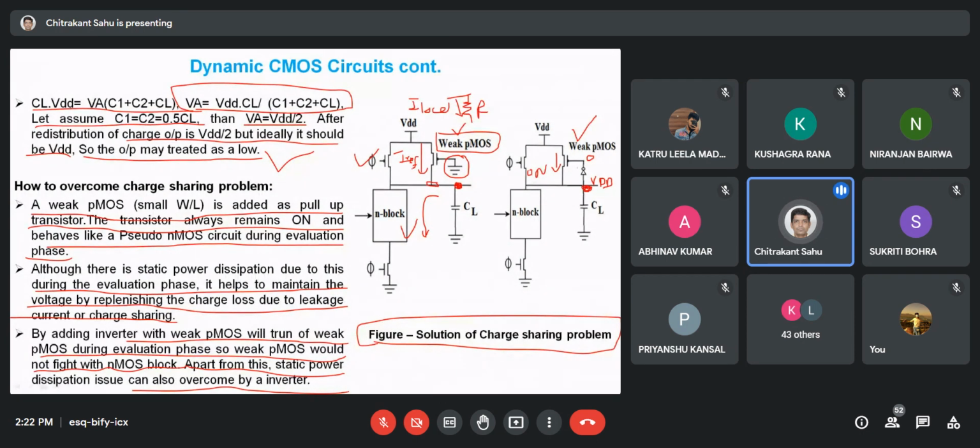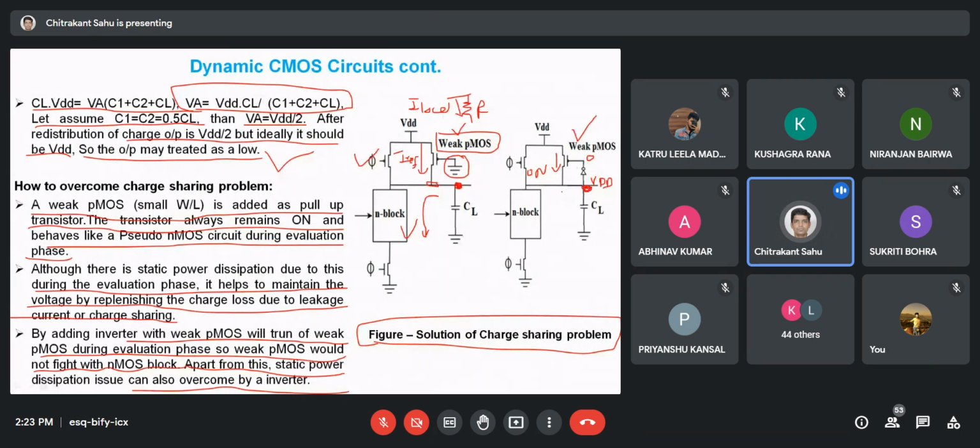Okay, so instead of grounding here, we can do another exercise. By adding an inverter with the PMOS, we will turn off the weak PMOS during the evaluation phase. When the evaluation phase happens, this will make a ground, because when the evaluation phase is happening, this will always be VDD. Okay, that should not be a practice, right?